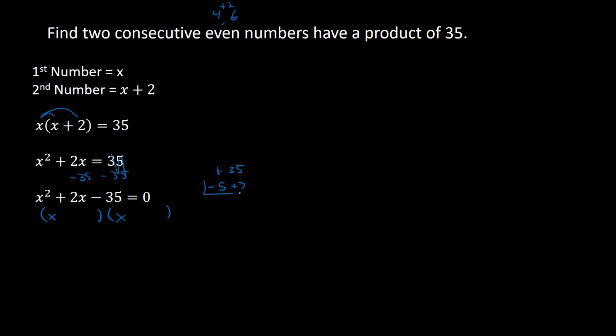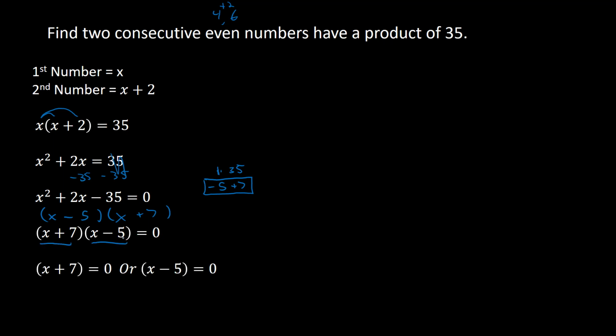And if I add these two together, I'm going to get a positive 2. So when I factor, it's going to be x minus 5 and then x plus 7. So we factored and then solved this by setting each part equal to 0. So x plus 7 is 0 or x minus 5 is 0. So x would have to be either negative 7 or x equals 5.